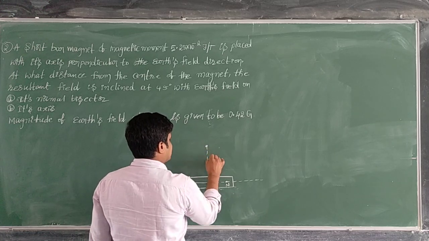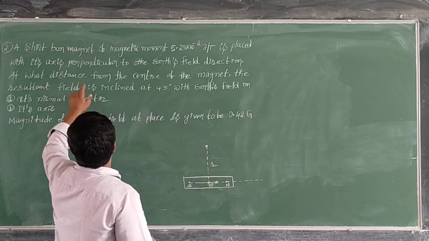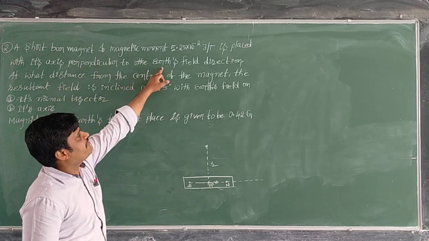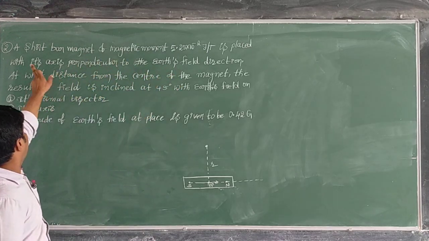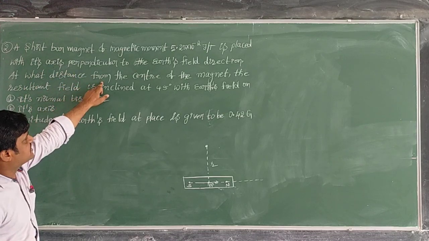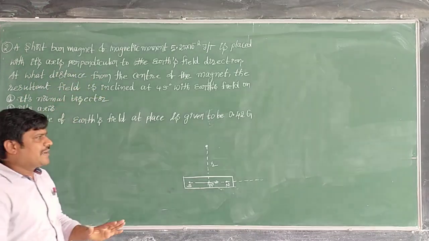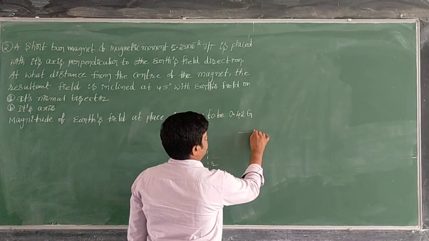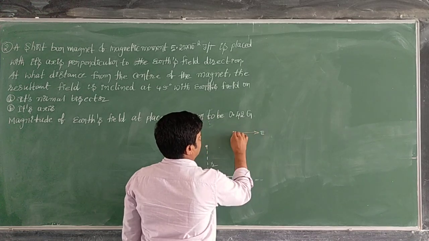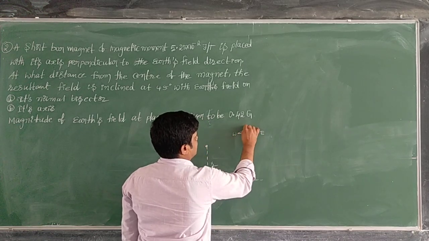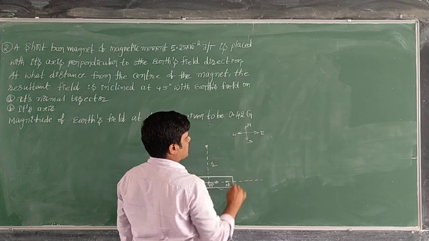Right. At a perpendicular distance, at what distance from the center of the bar magnet? What is the direction of the Earth's field? See, this is east to west, this one is north, and here is south.